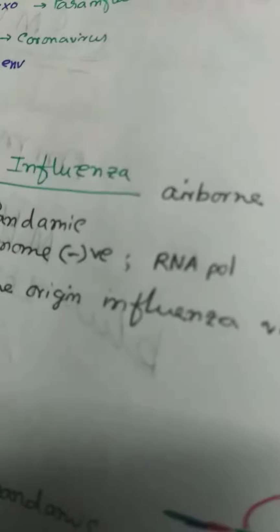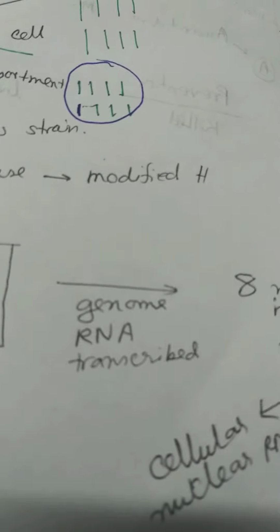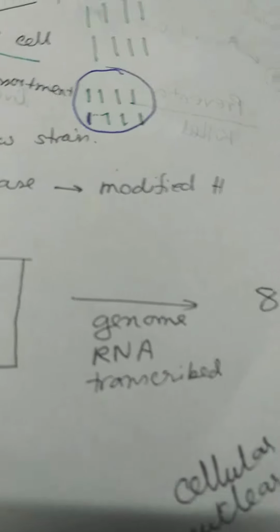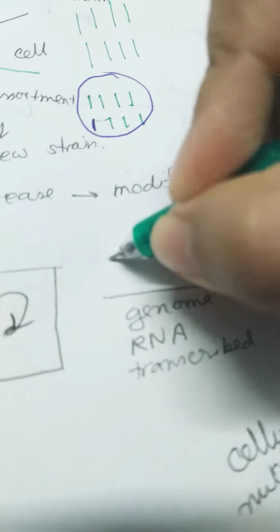I have already told you that the influenza virus contains an RNA dependent RNA polymerase. This RNA dependent RNA polymerase causes the genome RNA to be transcribed.